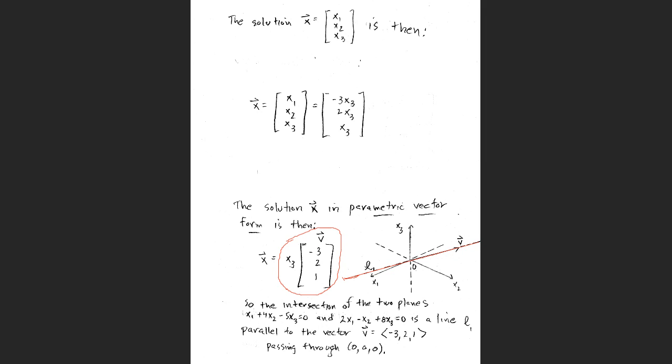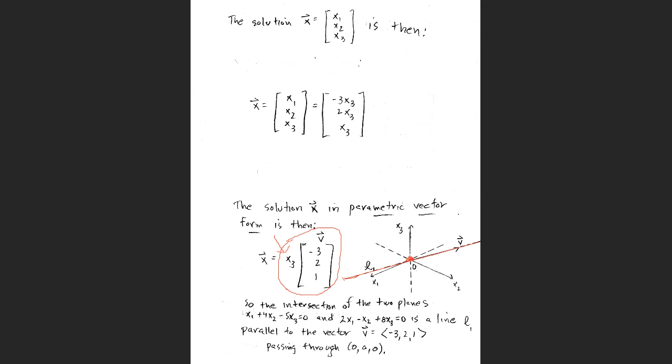So let me ask you this. On this line L1, at the origin, what would the value of x3 equal? That's right, Benjamin, 0.